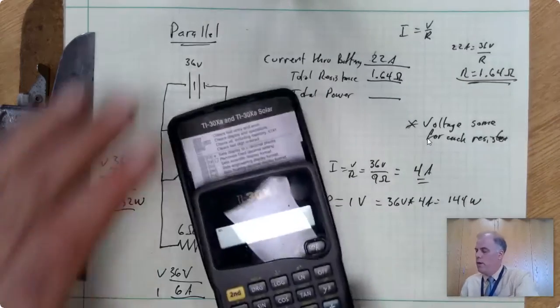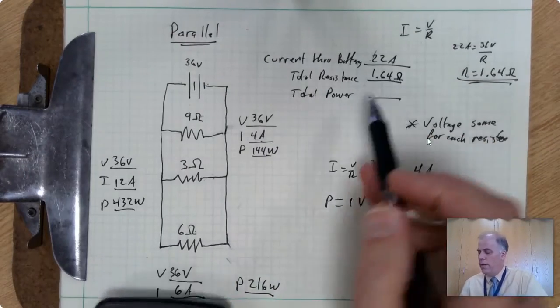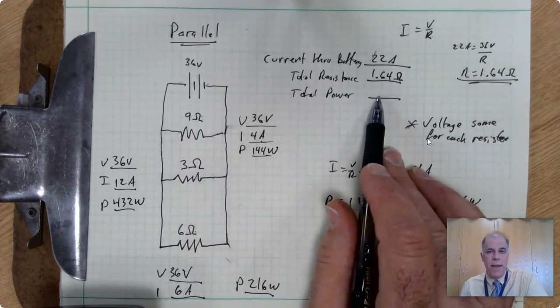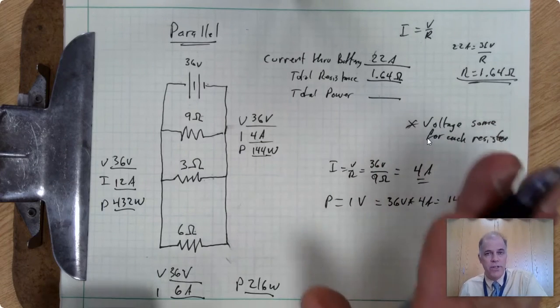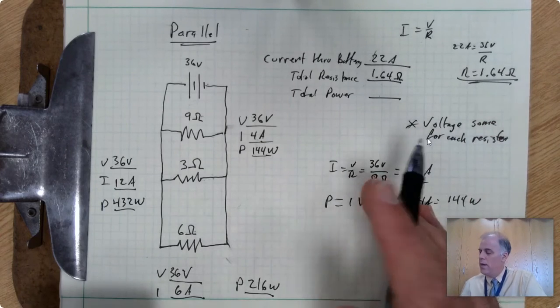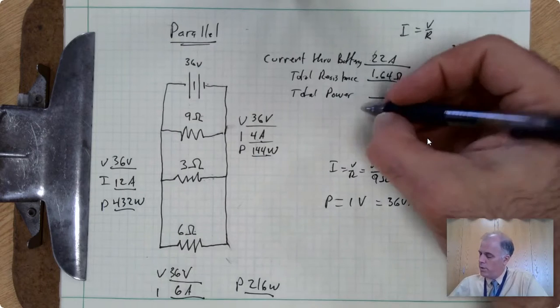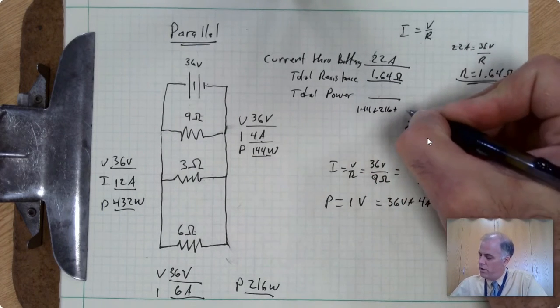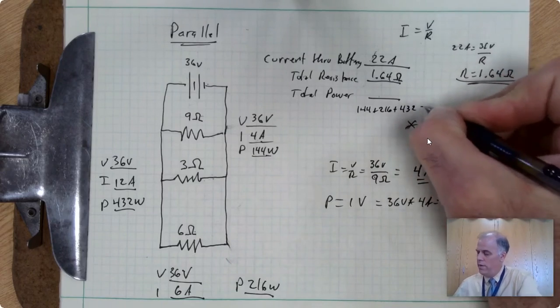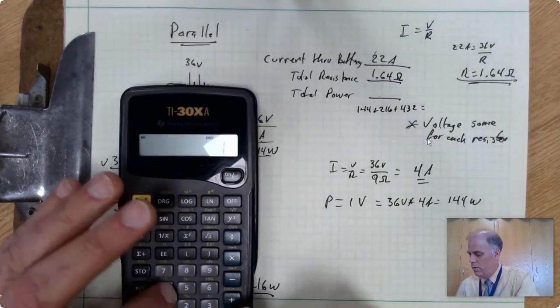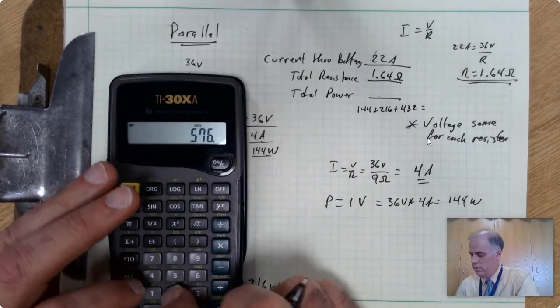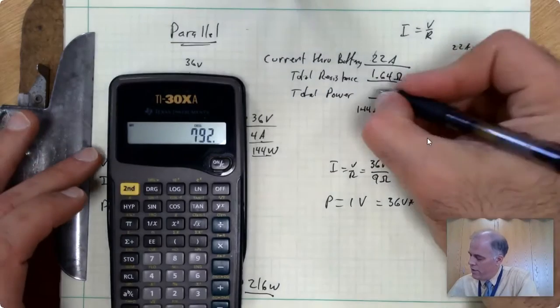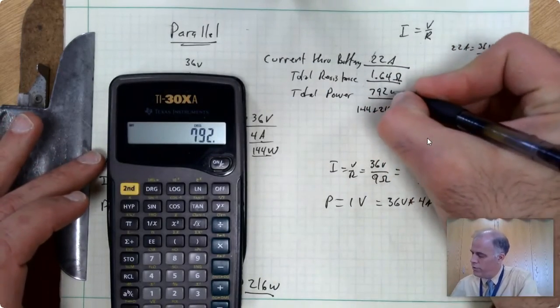Okay. Now, once again, we have two ways to calculate the power, and we should do both to make sure that we haven't made a mistake somewhere. So the total power is going to be 144 plus 216 plus 432, and that equals 792 watts.